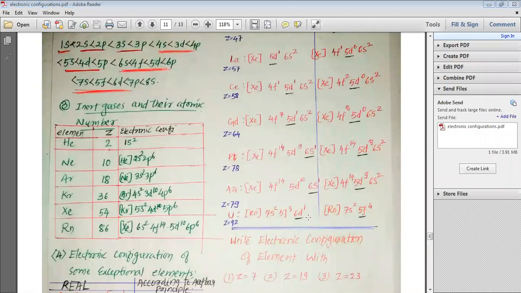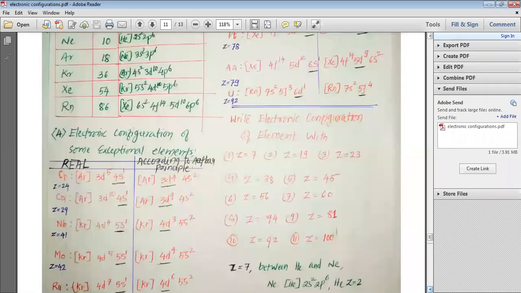Same way, you can see there are some more examples which I have written on other pages, about actinium, thorium, uranium, neptunium and plutonium, which even have this kind of special electronic configuration, and you must know all these electronic configurations.